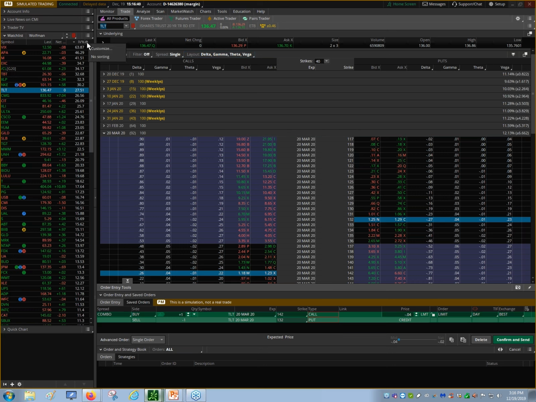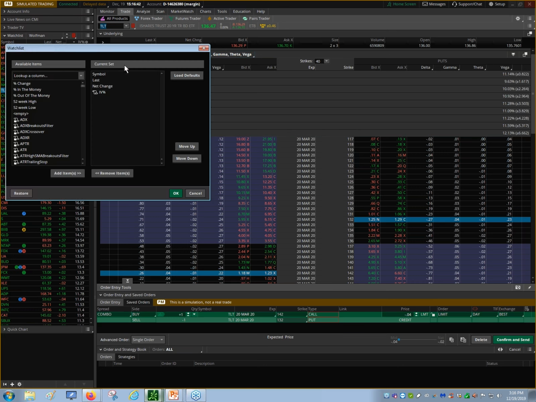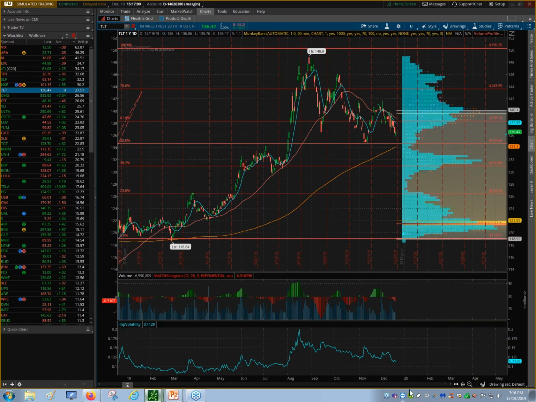There's a gearbox, and you hit customize and look up implied volatility, and it just gives you implied volatility here, which isn't what you want, because implied volatility is basically telling you what is at the bottom of this chart over here. It's going to tell you 11, and that's not what we need to know.